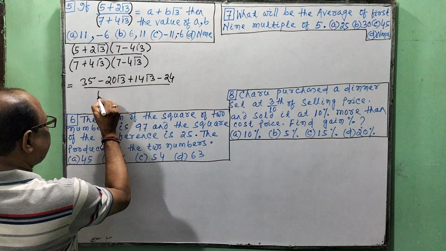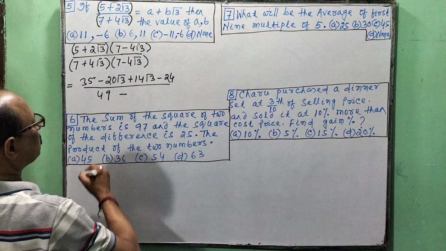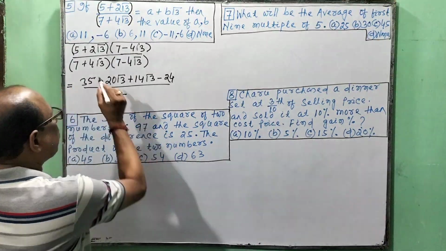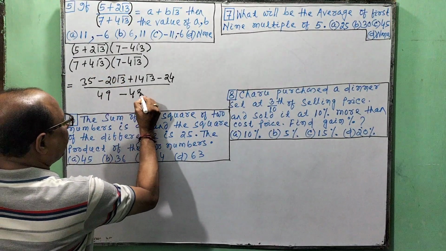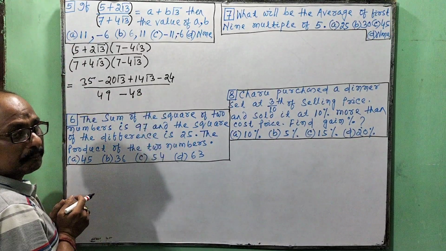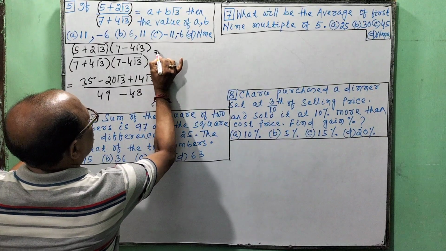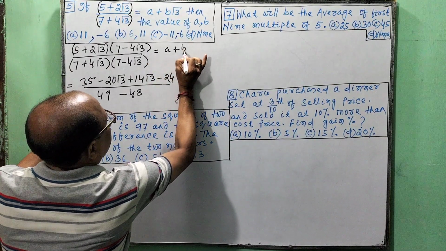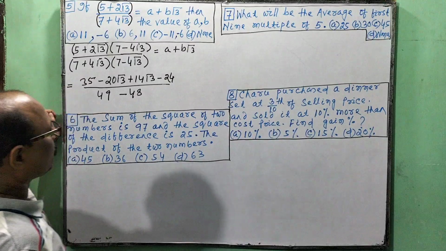So that is a square minus b square. The square of 4 root 3 is 48, since 4 times 4 is 16, times root 3 squared, 3. So it is 49 minus 48, which is 1. In our question, this equals a plus b root 3.